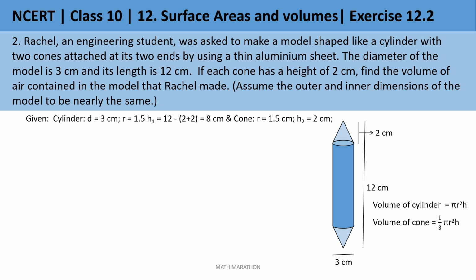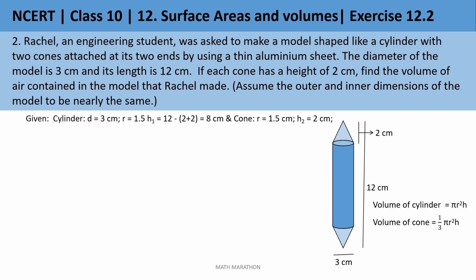We have the following information. Consider cylinder. Diameter is 3 cm. So, radius r is 3 by 2, which is 1.5 cm. Height is total height of model, which is 12 minus height of 2 cones, which is 2 plus 2. Height is 12 minus 4, which is 8 cm.